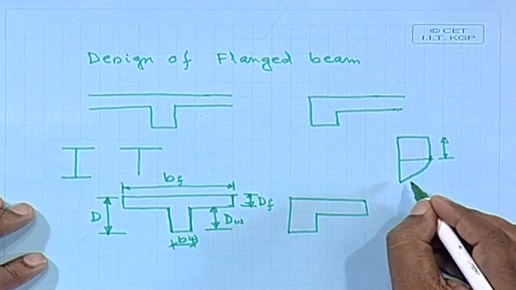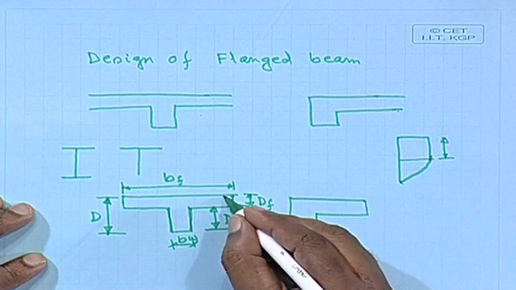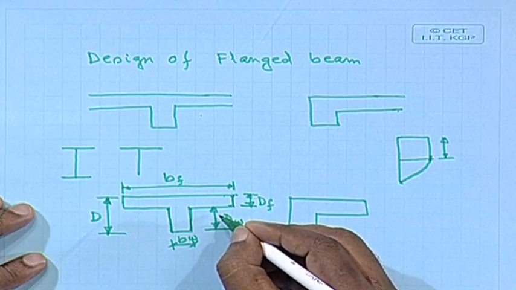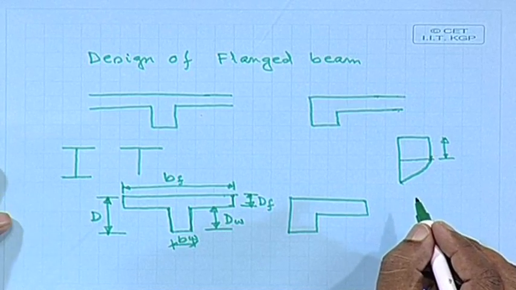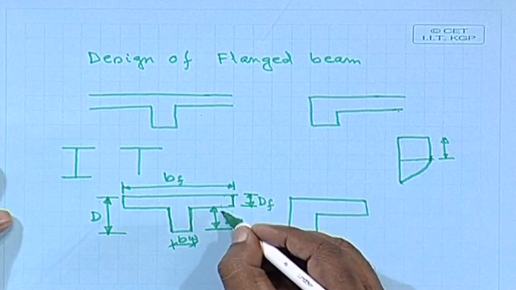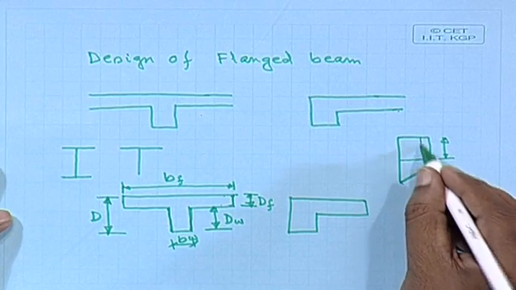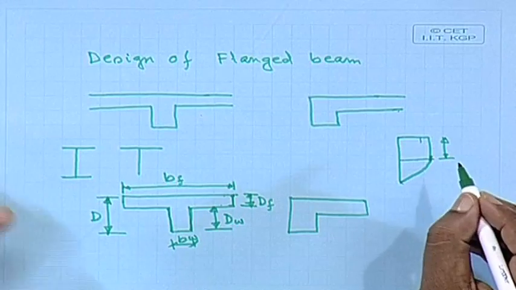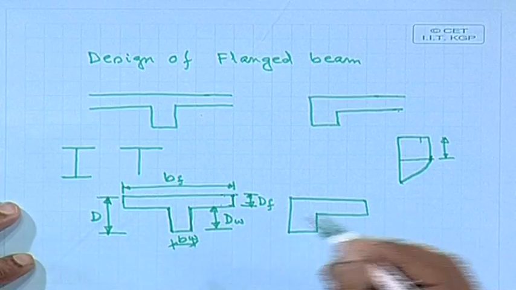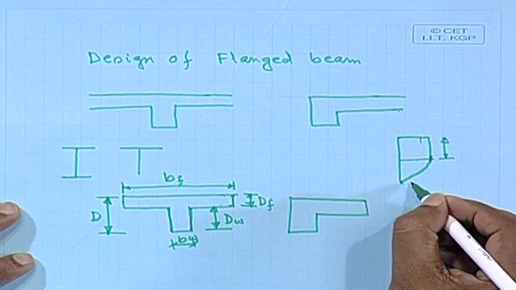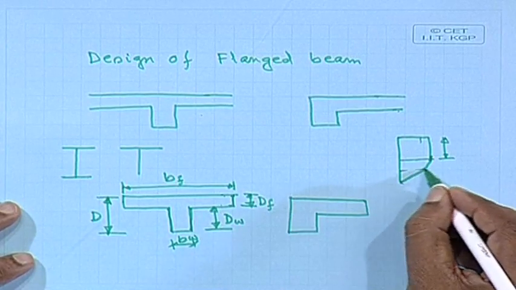It is possible that whole stress block is within flange, that could be one case. The other case could be the slab portion of the flange within this zone, that means we are having the constant stress in the whole portion. But the third possibility could be that we are having it in between here.